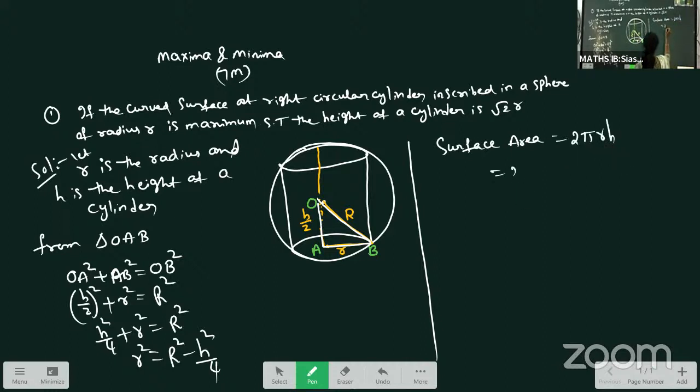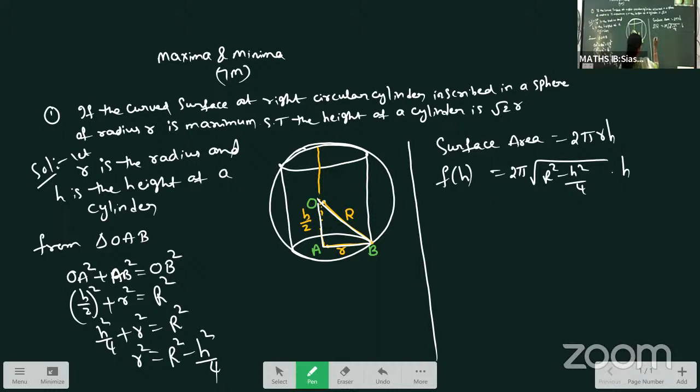So 2 pi as it is, and small r is the square root of capital R square minus h square by 4, into h outside. Let this function be f of h. For the maximum value, we want f double dash of h. If f double dash of h is less than 0, we can say that it has the maximum at so and so value.